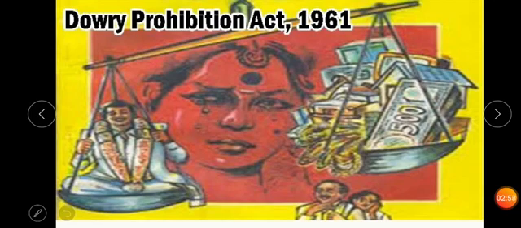Earlier, at the time of marriage, parents gave their daughters dowry in the form of gift. It was a voluntary act, and this dowry was seen as the bride's own property. Over the centuries, dowry became an obligation, means it became mandatory.